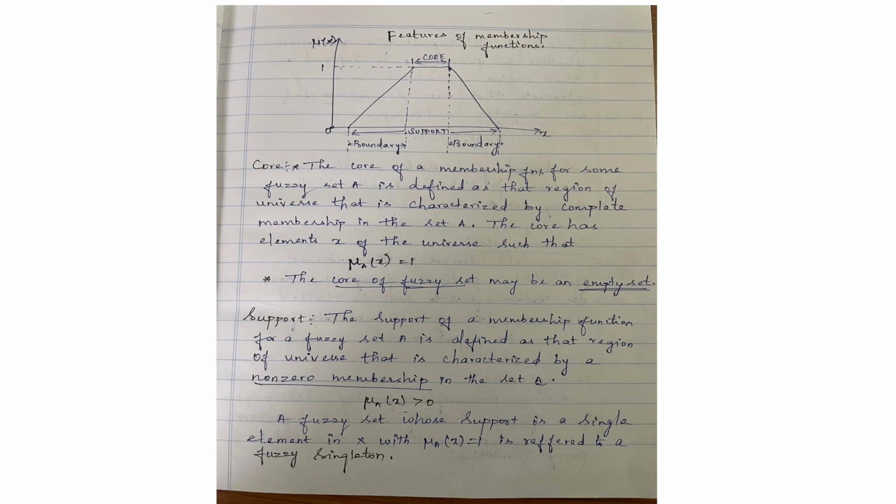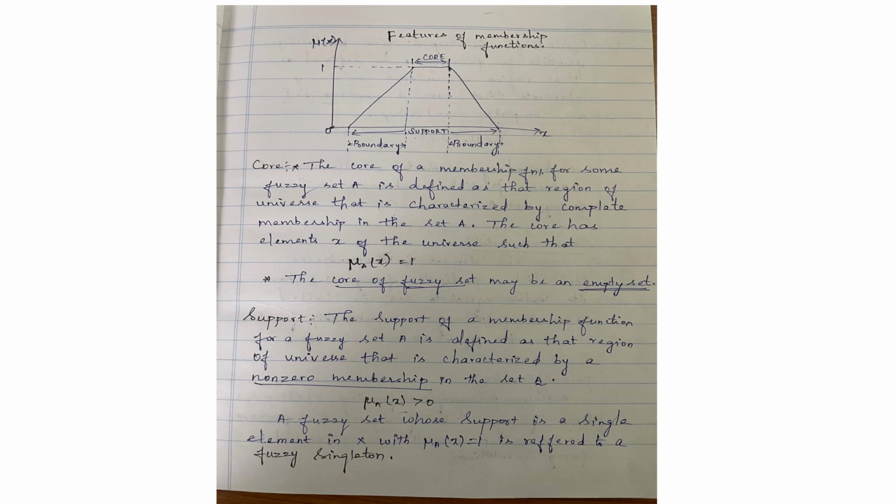Then the next one is support. What is meant by support? The support of a membership function for a fuzzy set A is defined as the region of universe that is characterized by a non-zero membership. What does non-zero membership mean?